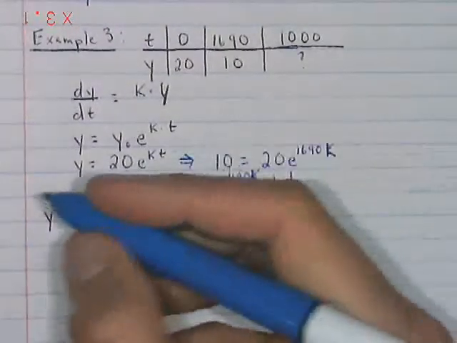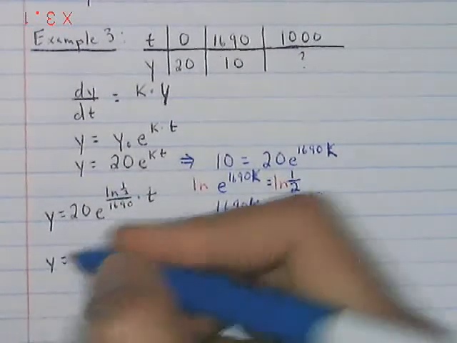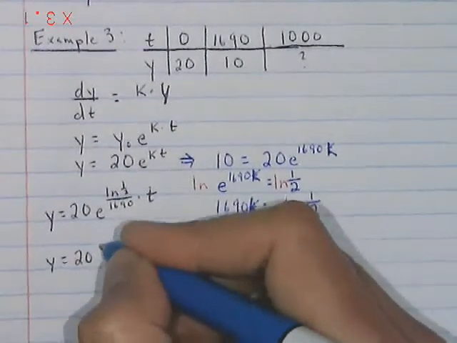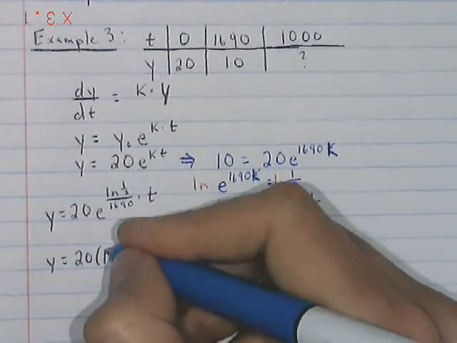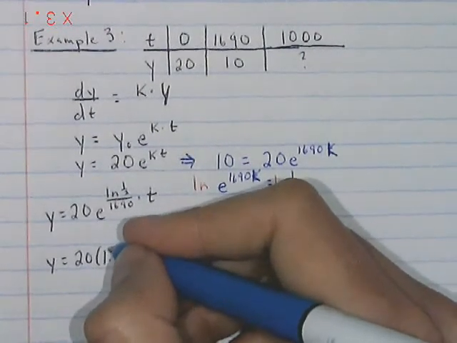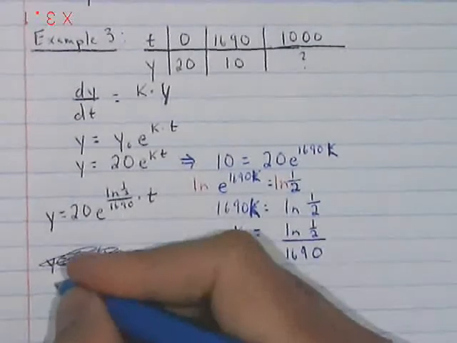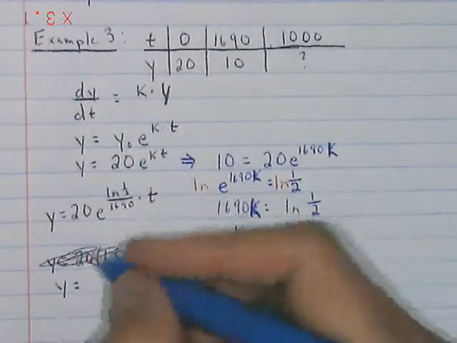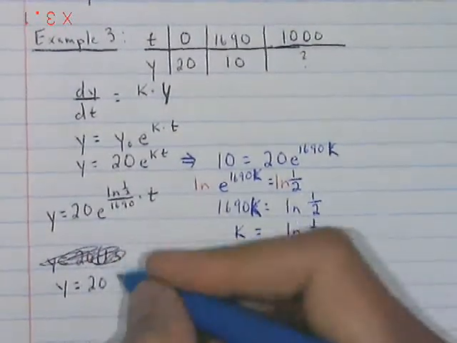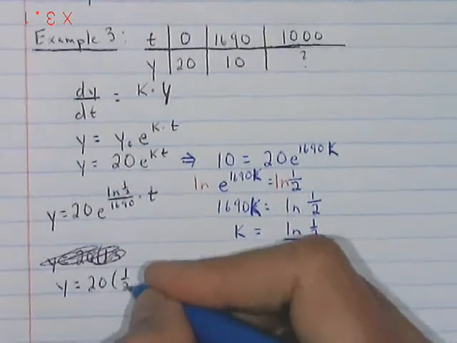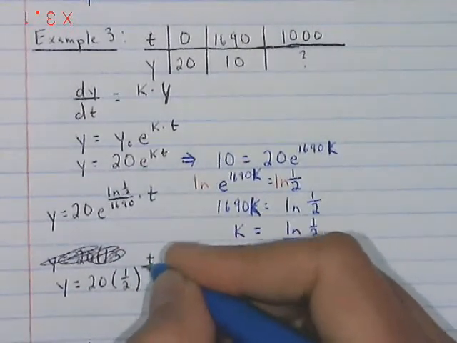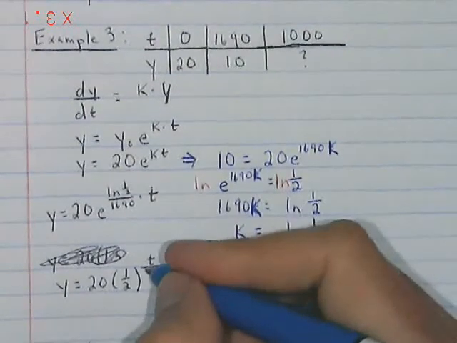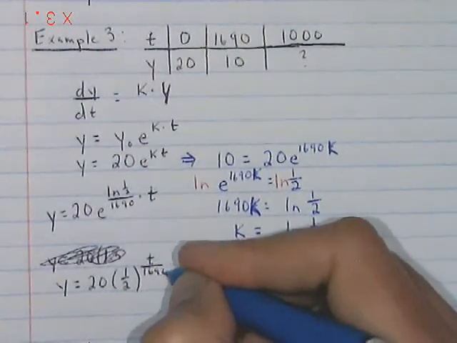And so this function is y equals 20 times 1/2 to the t divided by 1,690.